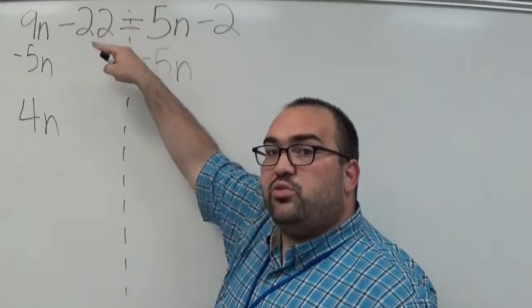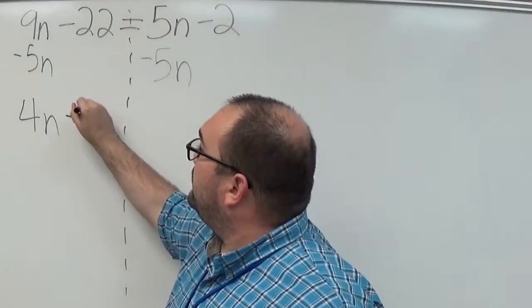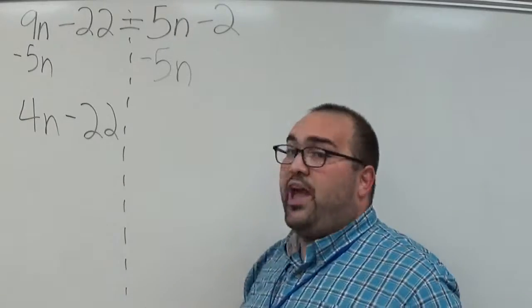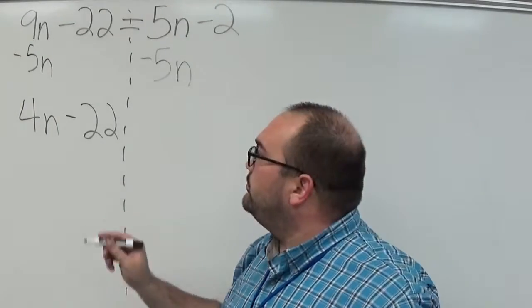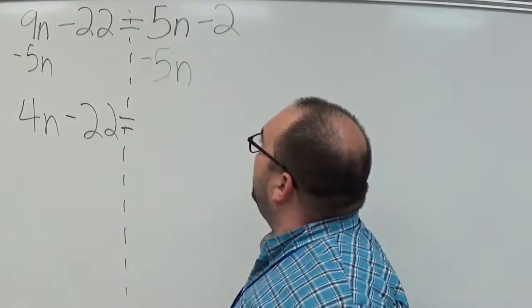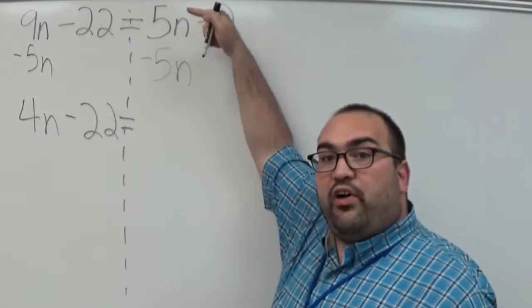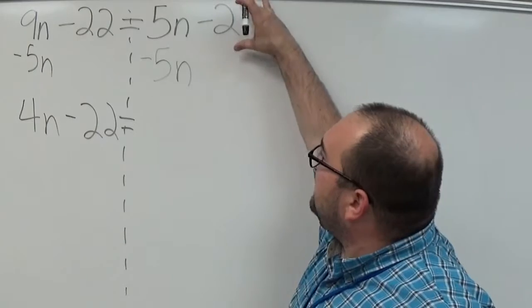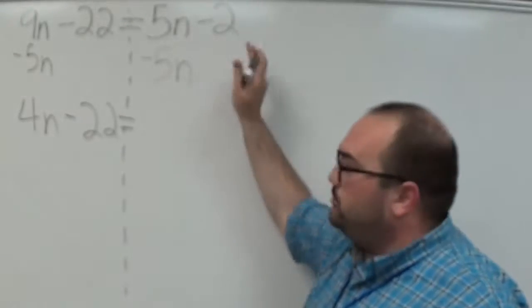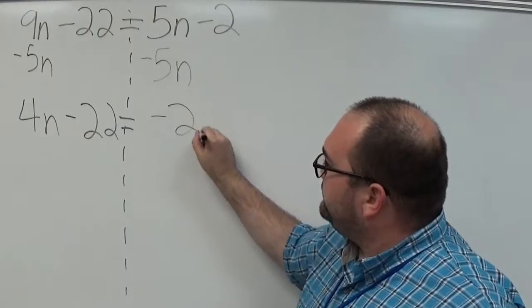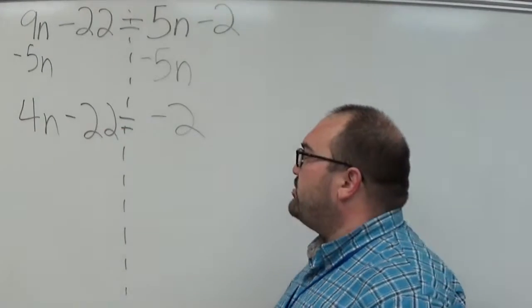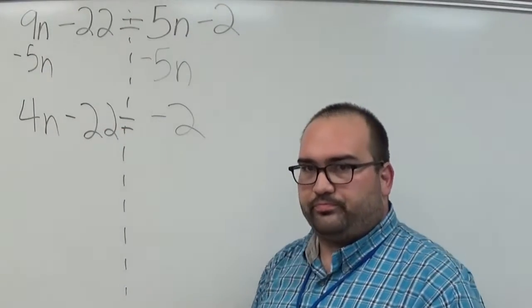The minus 22 is going to come down because we haven't used it. So on our left side, we have 4n minus 22. Well, that's going to equal 5n minus 5n. Those are going to cancel out, leaving just this negative 2. All right, so now we're at 4n minus 22 equals negative 2.